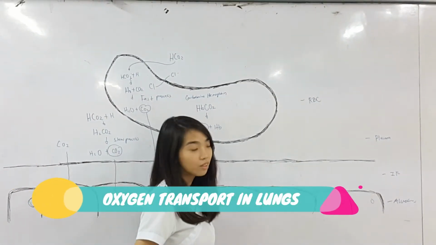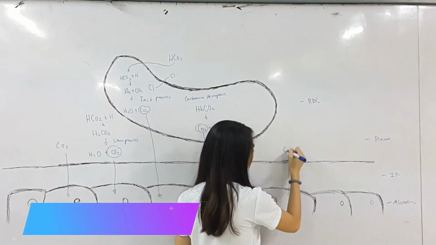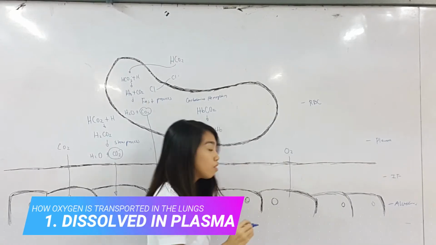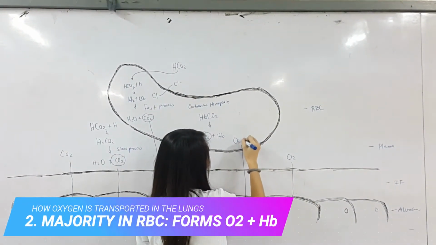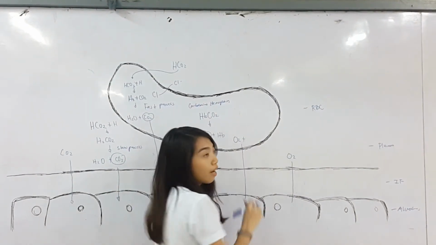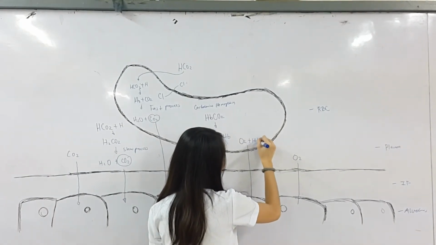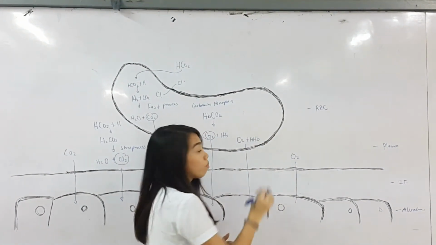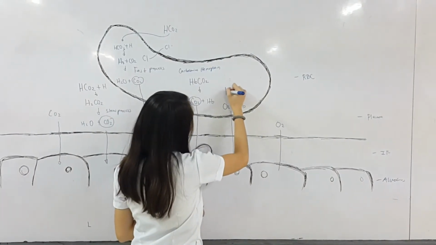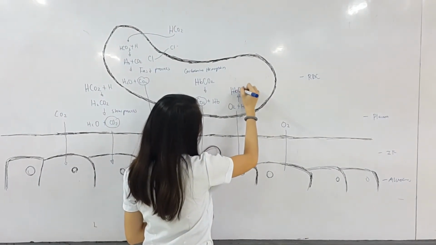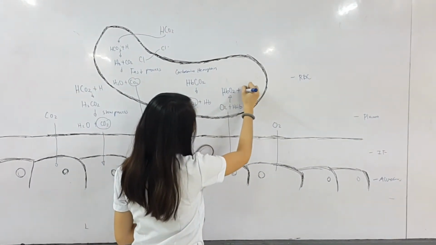So we will now proceed to the oxygen. Some of the oxygen can be dissolved in the plasma, and the majority of the oxygen will enter the red blood cells and will bind to the hydrogen-bound hemoglobin, in which it will form oxyhemoglobin.